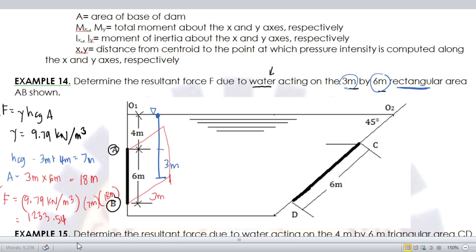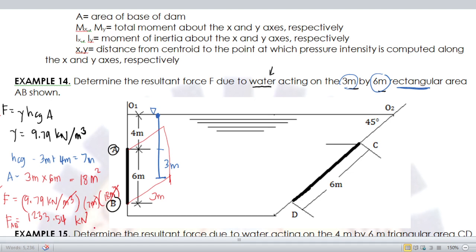And what will be the unit, class? Notice that the meters will cancel. It's 18 square meters times meter, which is cubic meter, so this will be cancelled, leaving us with the unit kilonewton. And that's it. This is the force acting on your area AB.